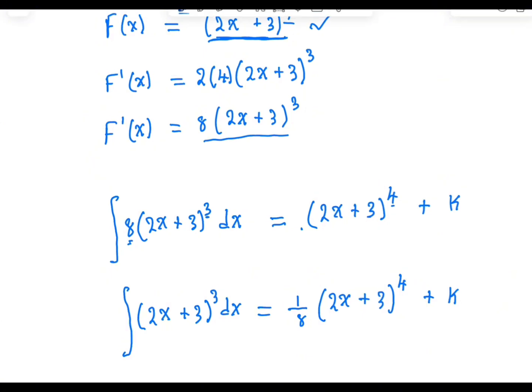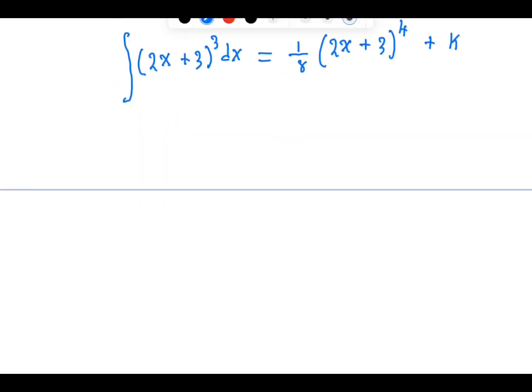With this being said, now we can establish a general definition. Now, let's say the integral of a function ax plus b all to the power of n with respect to x.